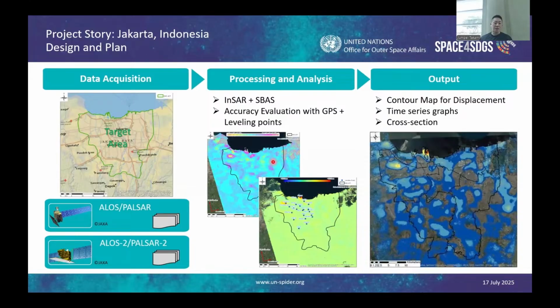So in this Jakarta land subsidence analysis use case, we are targeting, as I said, 662 square kilometers of DKI Jakarta. The end user, the national government, would like to understand the historical period in which land subsidence has happened, and how much volume has subsided historically.